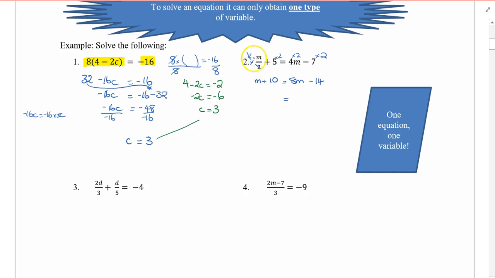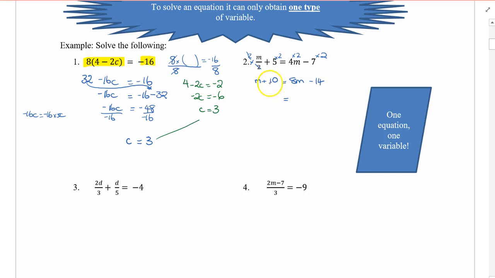Simplifying then after doing the multiplication, nicely removed the divide by 2, removed the fraction, exactly what we wanted. But don't forget, you must do 5 times 2, which is 10, and m times 2, which is 8m, and 7 times 2 is 14.